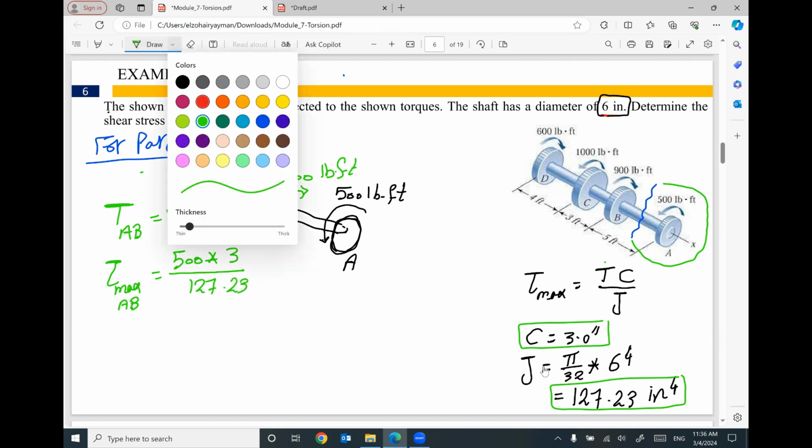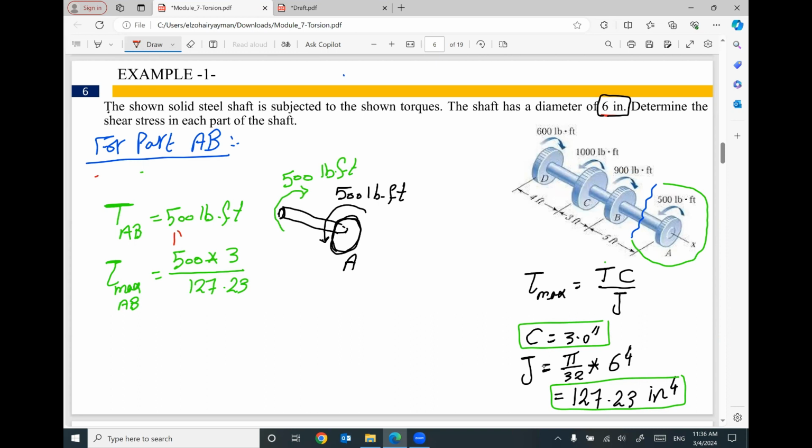We have a little mistake here because the applied torque is in pound-foot, and this one is in inch to power 4, so all units must be in inch. So I'm going to multiply this 500 by 12. In this case, everything is in inch and pound. So the shear stress in this case will be 141.5 PSI, which is pound per inch square.